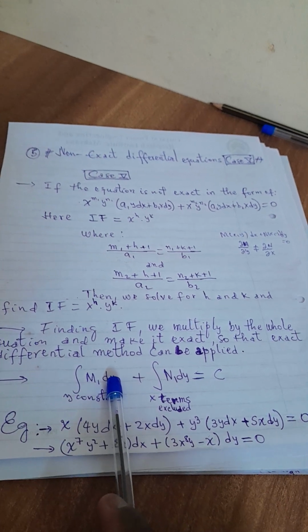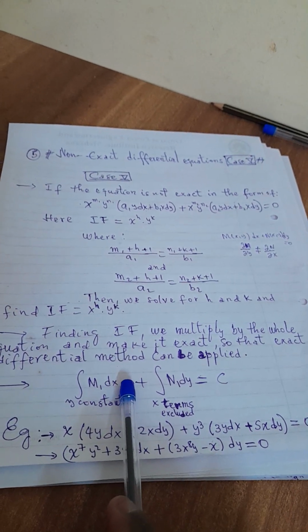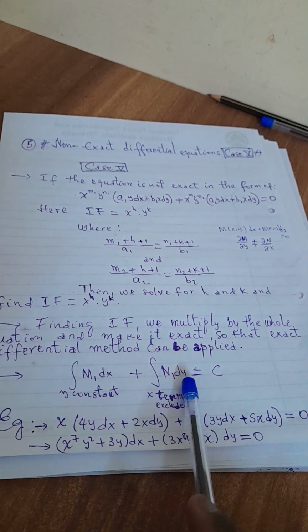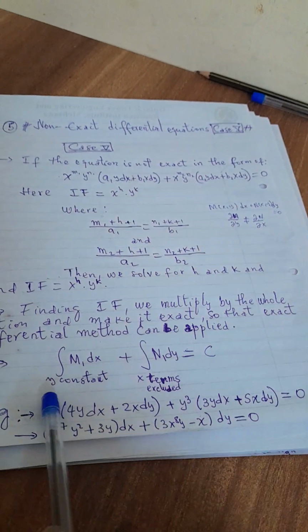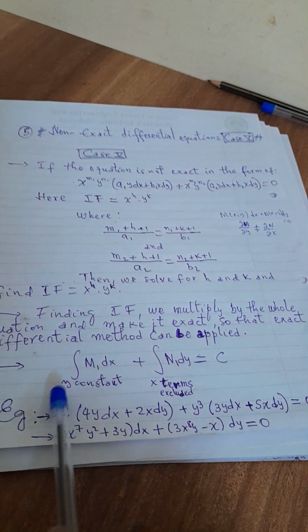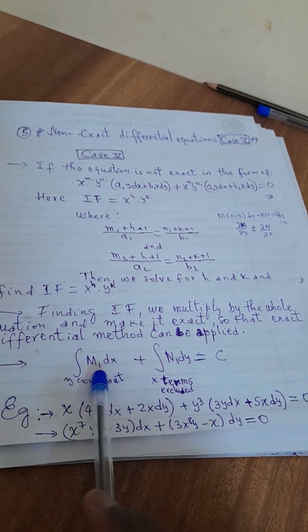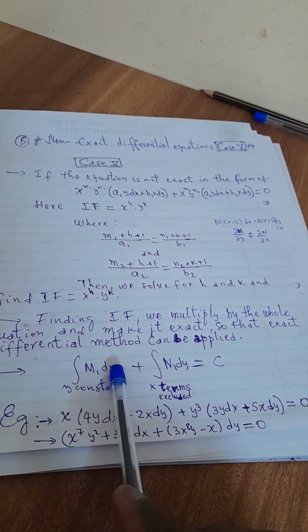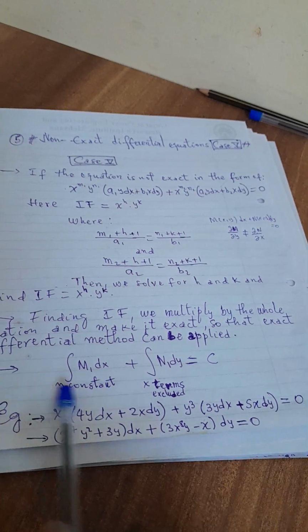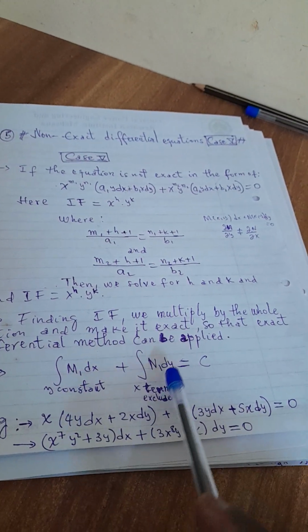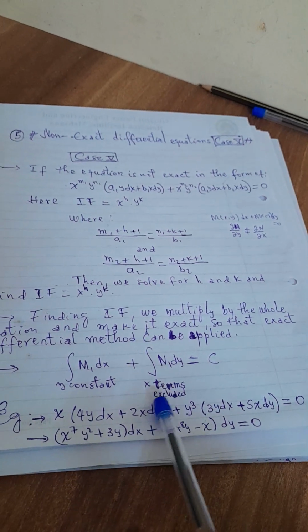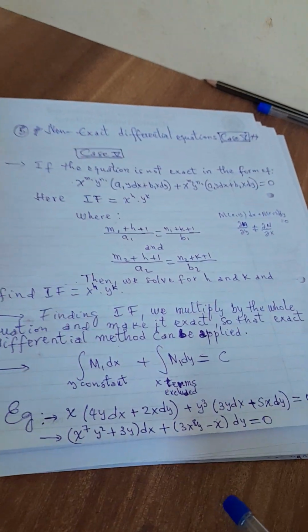Put together all the terms having dx, and put together all the terms having dy, then integrate both sides. After integrating, remember that the integration of M dx must contain y as constant, and the integration of N dy must exclude all the terms of x.